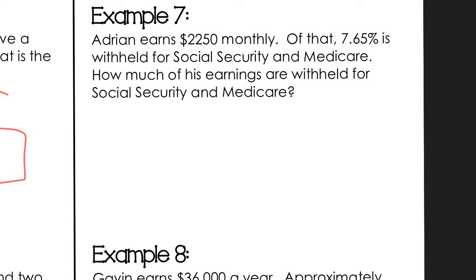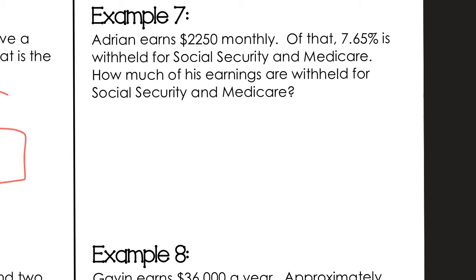That is not a made-up amount. That is the actual percentage that would be withheld from your check. So if you had a real check, that would be how much would be withheld for Medicare and Social Security. And everybody pays that up to a certain amount of money. It's like $186,000 or something like that. I can't remember right now. So how much of his earnings are withheld for Social Security and Medicare?